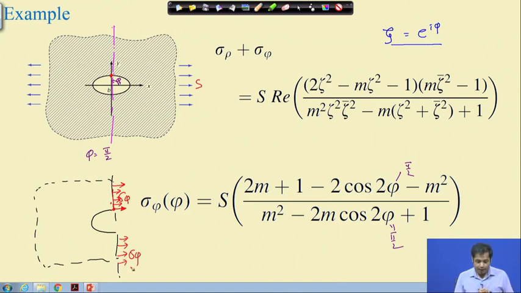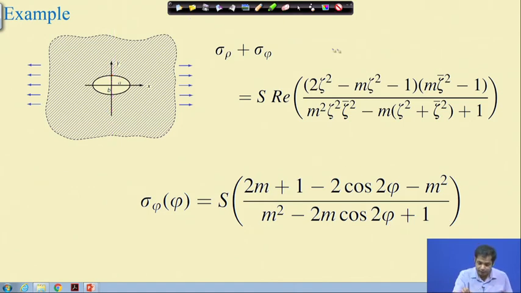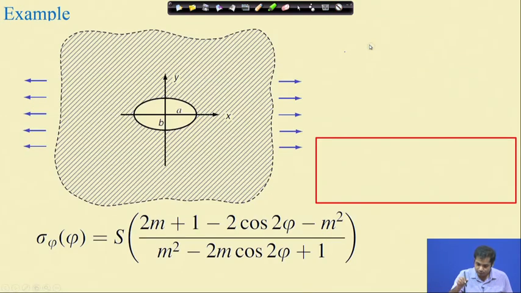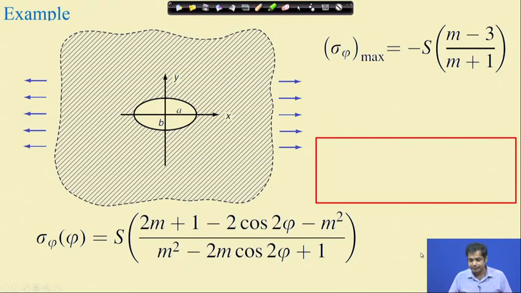Now, sigma phi at pi by 2, if we substitute pi by 2, this gives you particularly the stress at this point. So, if we substitute that, the value will be this.